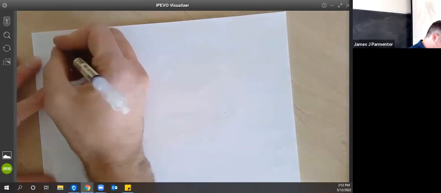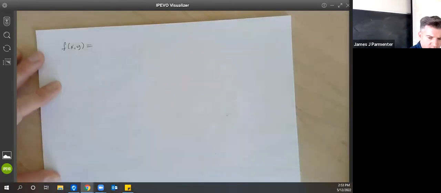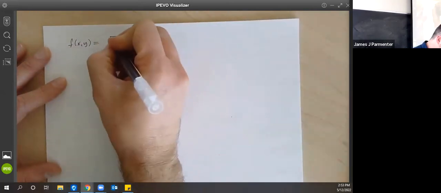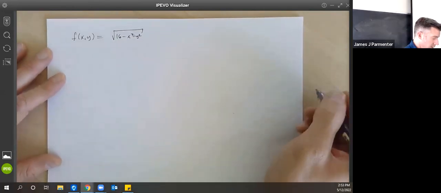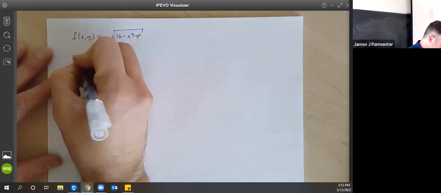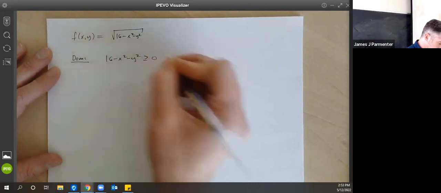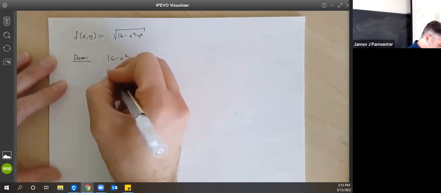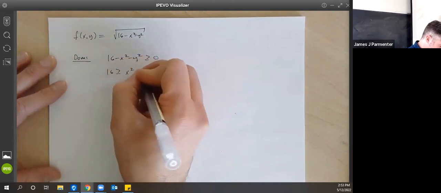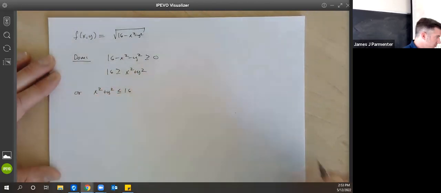So let's say my function was f of x, y equal to the square root of 16 minus x squared minus y squared. All right, domain. Our stuff has to be bigger than or equal to 0. I'm going to isolate the x squared plus y squared again. So 16 is bigger than or equal to x squared plus y squared, or x squared plus y squared is less than or equal to 16.